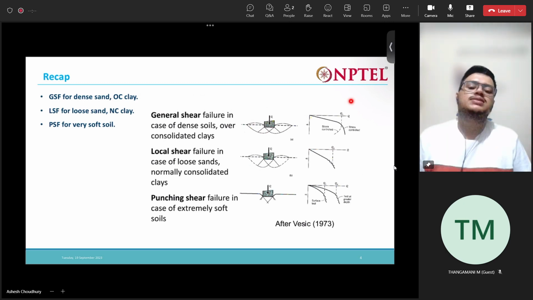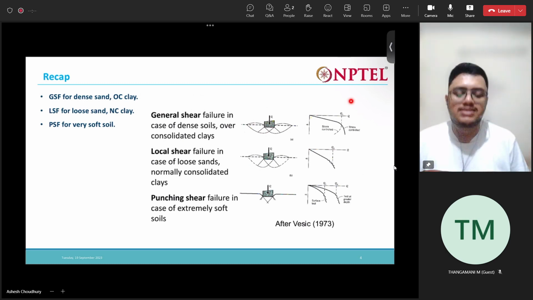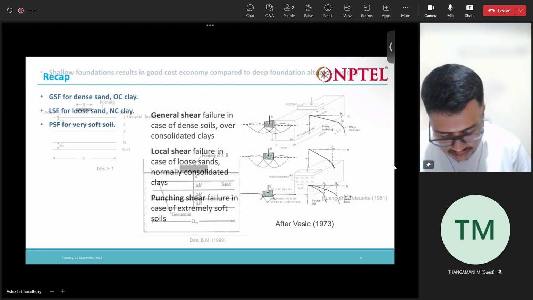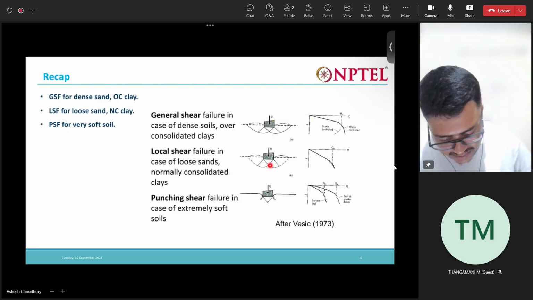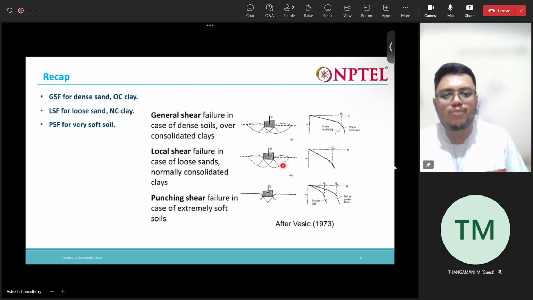The general shear failure generally occurs for dense sand or overconsolidated clays. So for granular soils, generally for phi greater than 36 degrees, we have general shear failure. Then we have the local shear failure. In the local shear failure, these failure surfaces here are not properly formed.